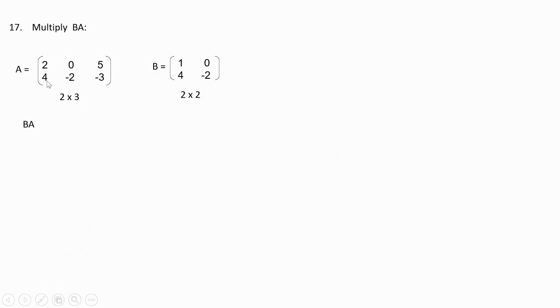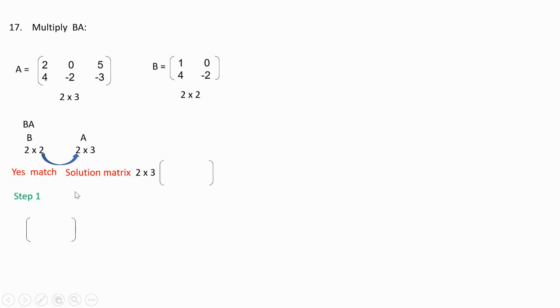For example, we cannot multiply A times B because we have a 3 and a 2 here. But can we do B times A? Let's find out. B is a 2 by 2 matrix, and A is a 2 by 3 matrix. So yes, it can be done, because the 2 in the middle are the same numbers. It's a match, and the answer will be the outer numbers. The answer will be a 2 by 3 matrix.